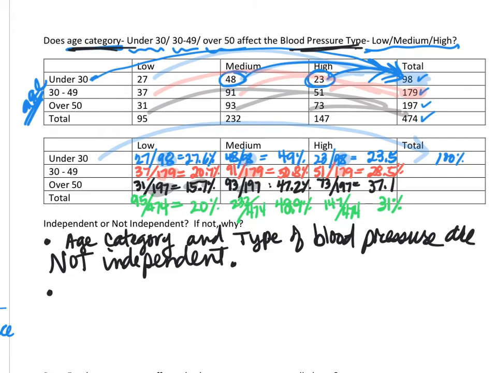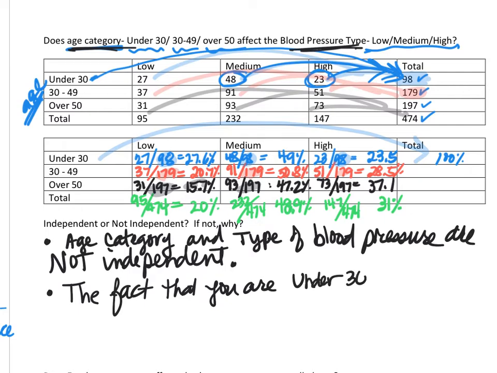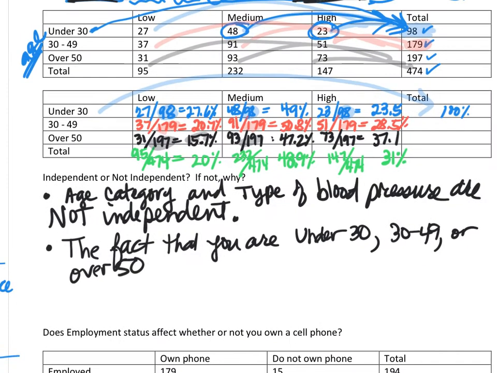Then the second one is the fact that you are one thing does not change the rate. The fact that you are under 30, 30 to 49, or over 50, the fact that you are those things does not change the blood pressure.